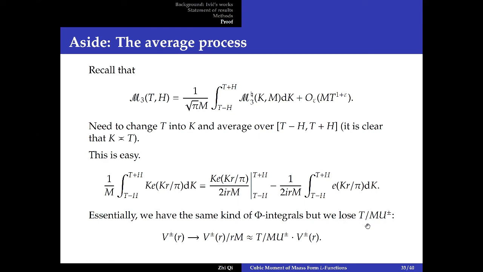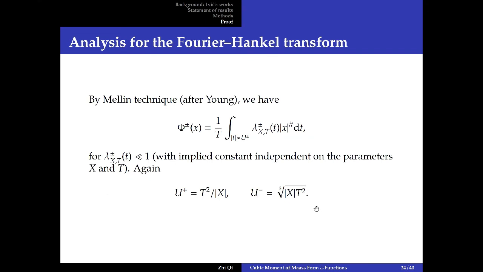And like I said, you don't really need to know what this U really is. Finally, by Manning technique, you need to do something before the large sieve. This is due to Matthew Young.